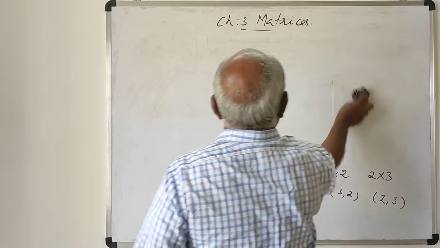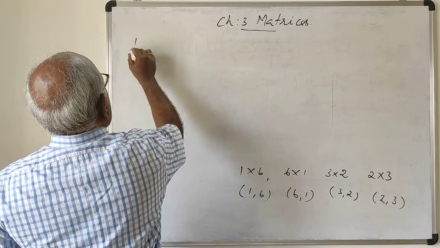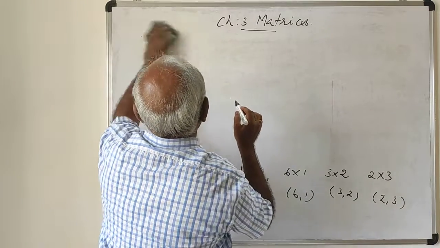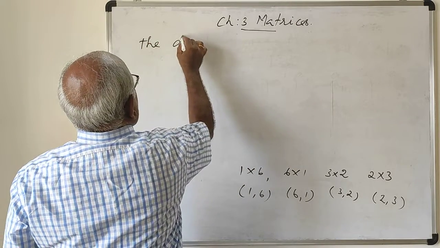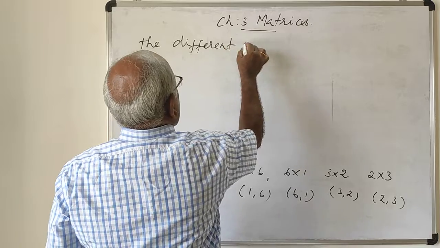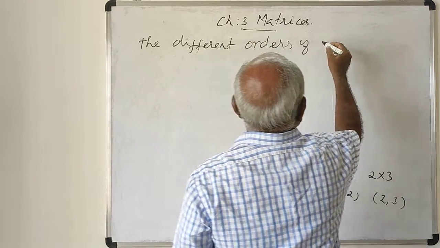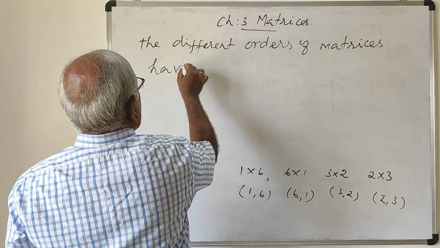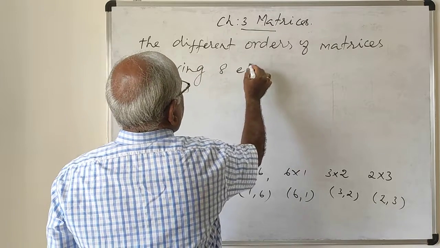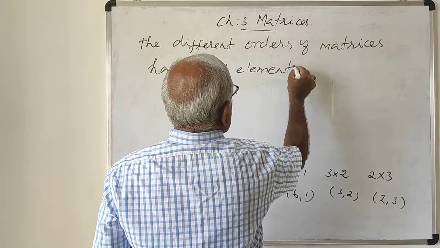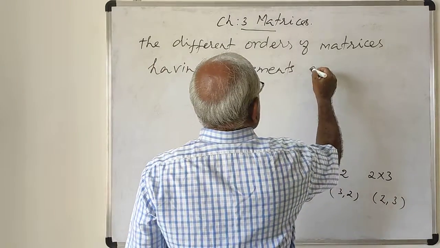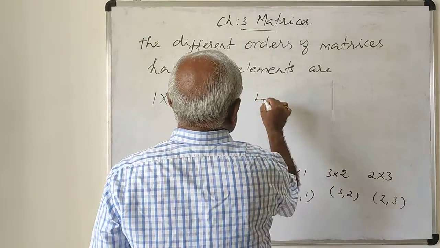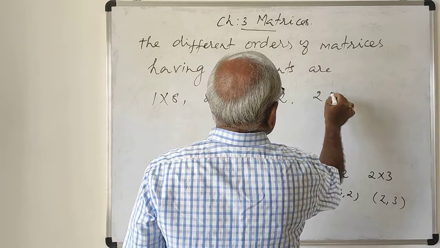Therefore, the different orders of the matrices having 8 elements are 1 by 8, 8 by 1, 4 by 2 and 2 by 4.